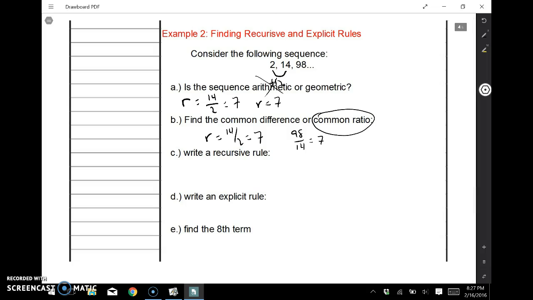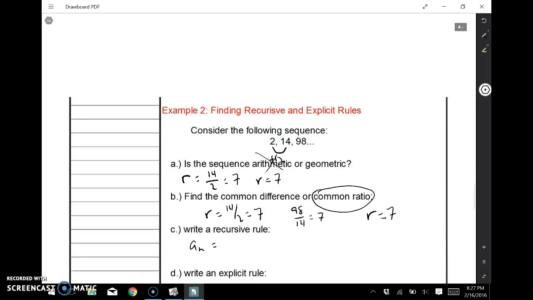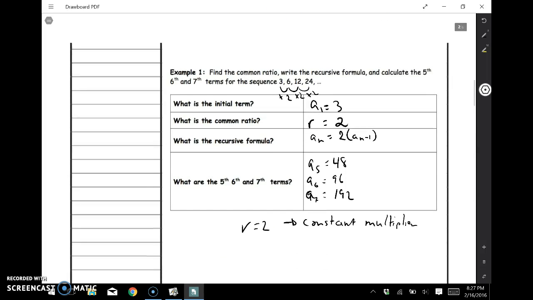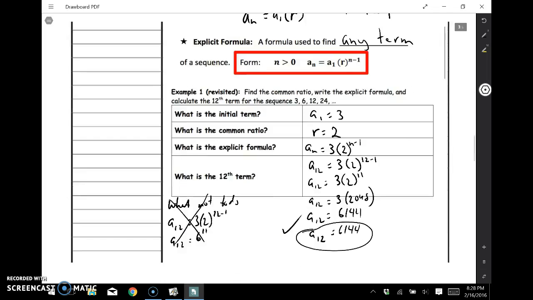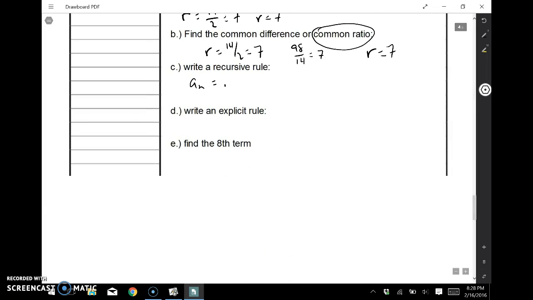Okay. Now that I have r is equal to 7, it's a geometric sequence. I'm going to multiply by 7 each time. So the recursive is going to be a sub n is equal to, okay, if you don't remember it, look through your notes real quick. I'll scroll back up here. There is my recursive. It is a sub n is equal to r times a sub n minus 1.